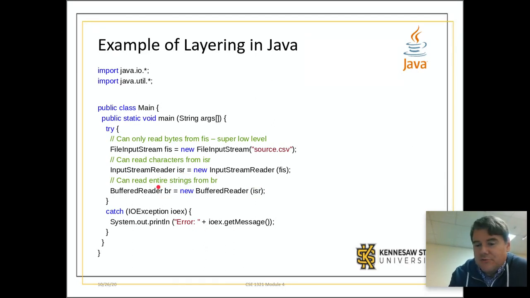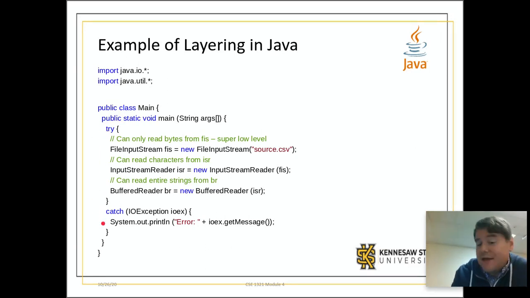There is a shortcut to this, which I'm going to show you in just a second, but I do want you to understand that it is common that the raw file that you have decided to open, you would never actually interact with that particular variable. You would layer something on top of that that allows you to then interact with it in a more useful way. The second thing to notice about this is all of this was wrapped in a try-catch.